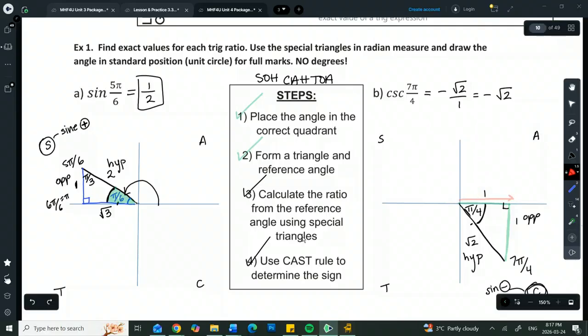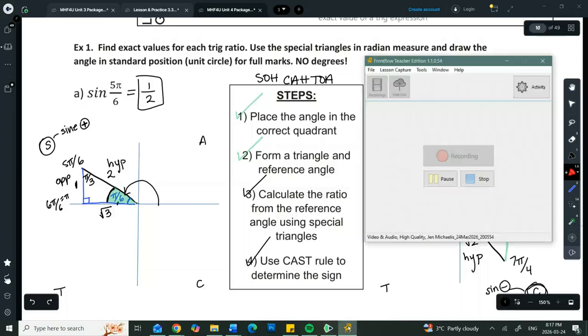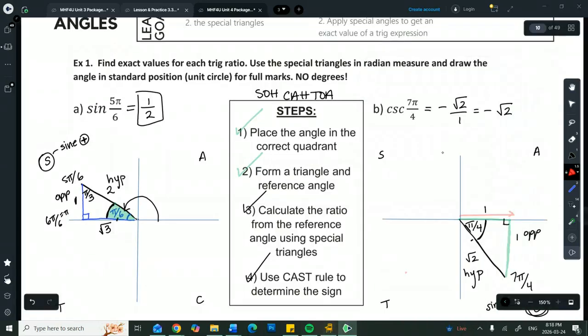But if I go down, that of course makes the 1 here negative. So if I go down on the y-axis, I'm going into the negative. So really this is negative 1. So when I calculate this, I actually get root 2 over negative 1, which simplifies to negative root 2.